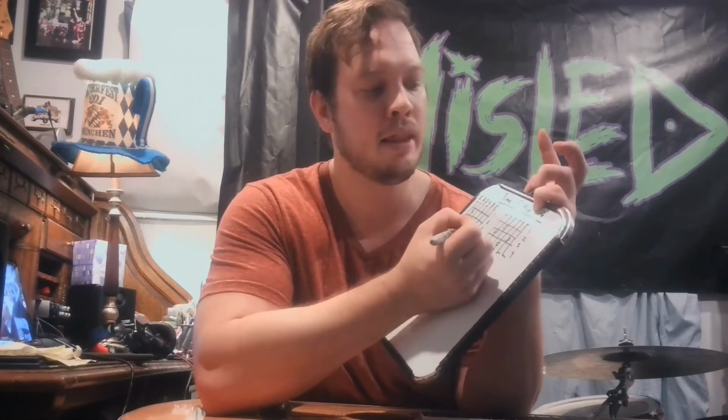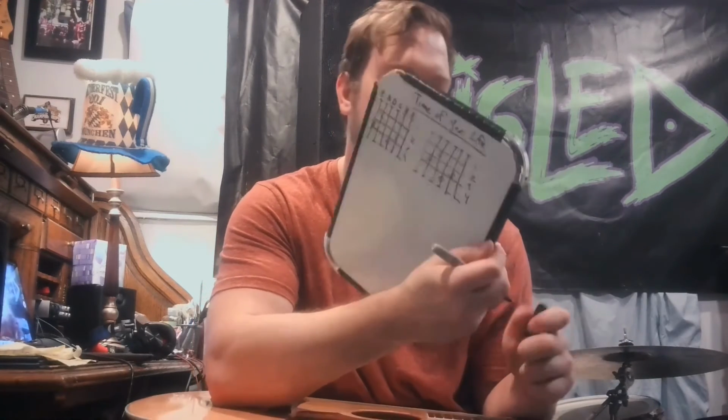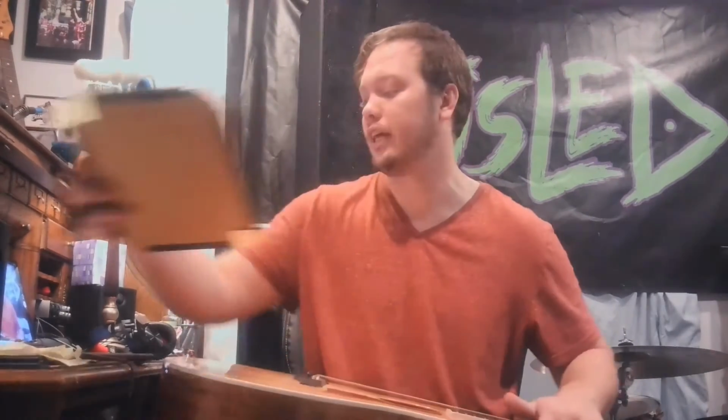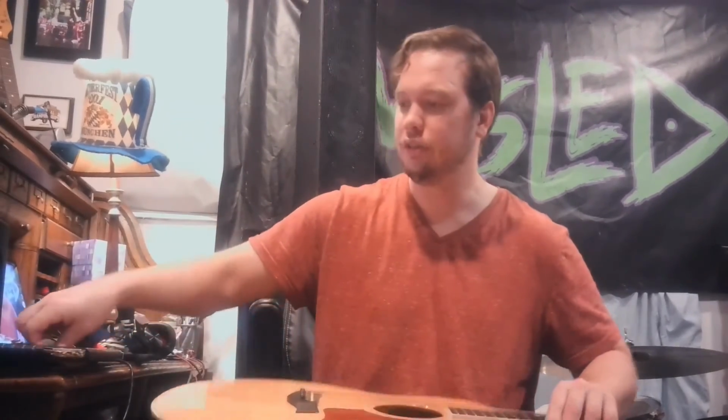The only thing that changes is the 1st and 2nd finger. You want to keep that ring finger locked down on that 3rd fret, because that's kind of like your home base. That's kind of like your cage system in this particular exercise. So now with just these two, we got this.